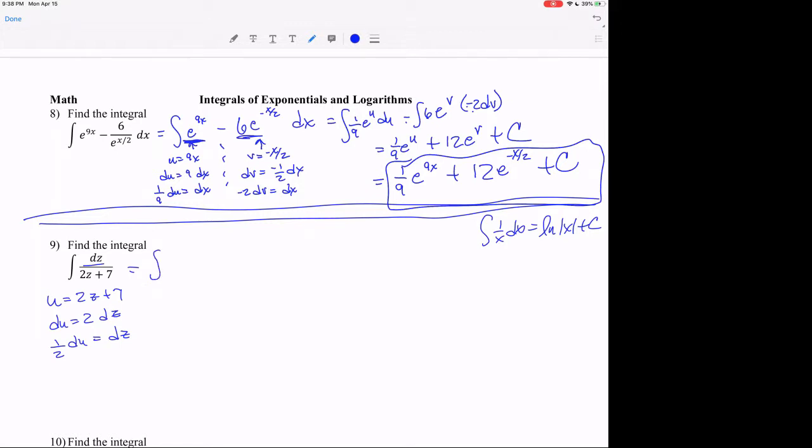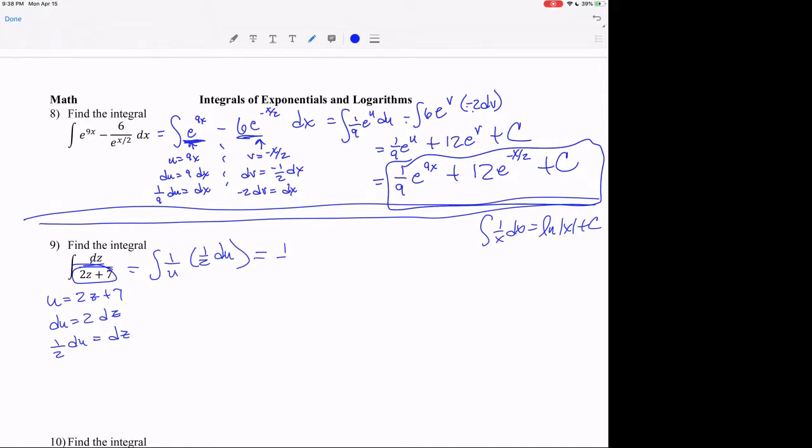So this is the integral of 1 over u times 1/2 du, because this is u and that is 1/2 du.